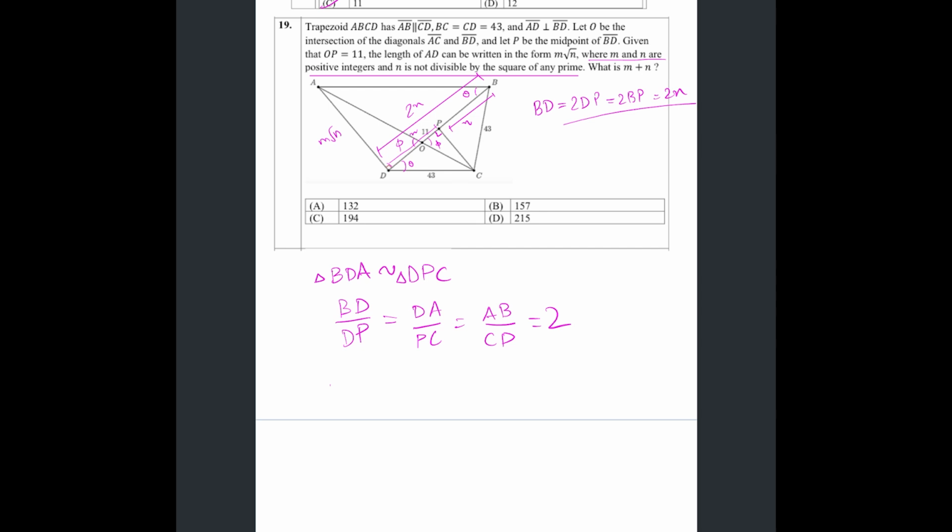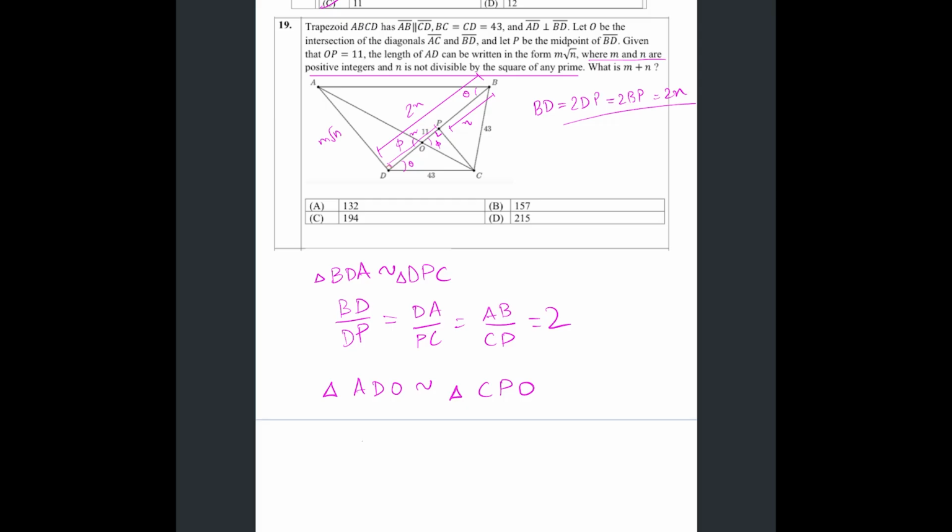So we have this also, and we can also consider these two triangles, they're similar, right? Triangle ADO is similar to triangle CPO, right? Because two pairs of angles are equal, phi and 90 degrees, right?